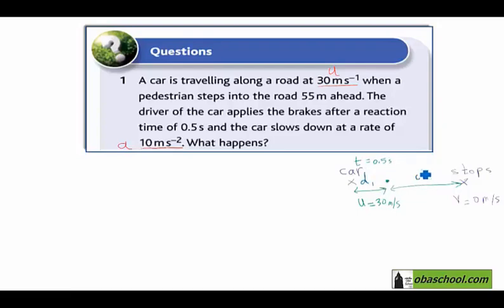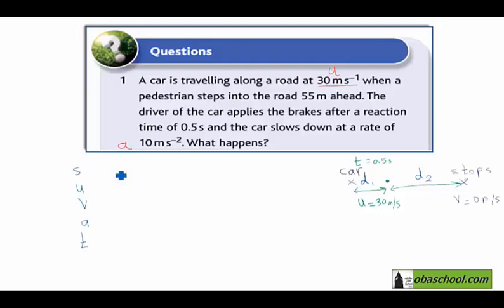So we need to get d, d1. u equals d over t, so the total distance equals u times t, equal to 30 meters per second times 0.5 seconds, which is equal to 15 meters. So the distance d1 that the driver had traveled before braking is 15 meters.